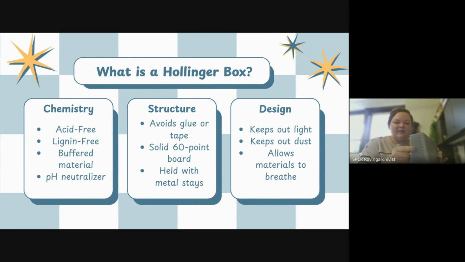This is one of our half Hollinger boxes, but they have these metal edges which hold the box together. These can be removed depending on how you utilize your box. I know some of our archivists here at the Wyoming State Archives, for ease of accessibility, will remove the metal so that when the box is flat, it's easier to pull individual materials out.